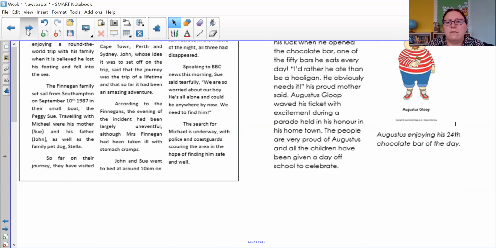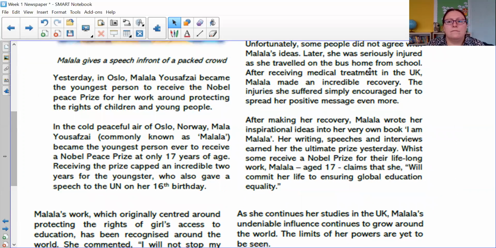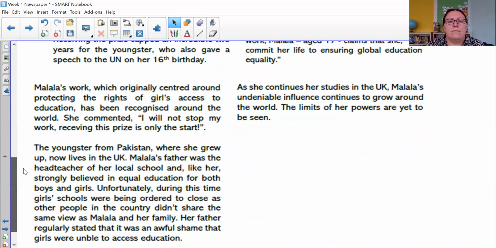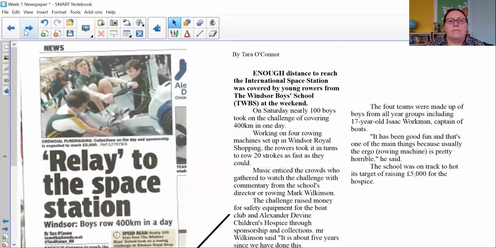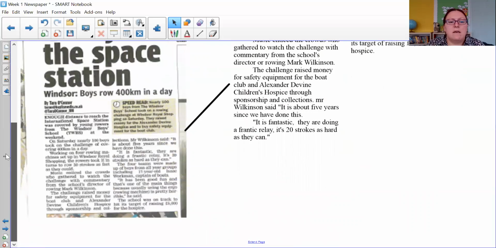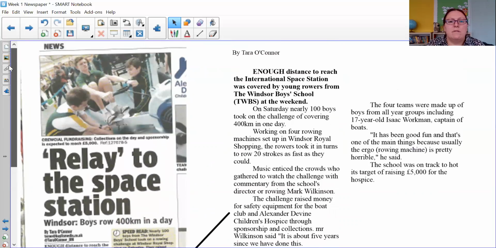Your next example, so remember to pause the screen. And one more example. I'll show you the pictures there. And I have just written up the text because I know it wasn't very clear.